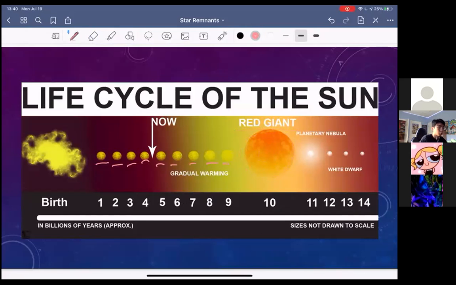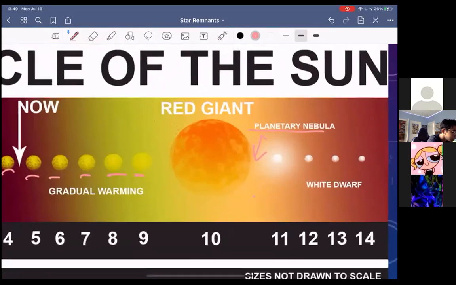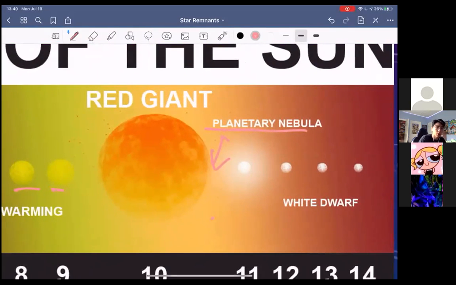And after the red giant runs out of fuel, once it stops burning helium and can't burn carbon, nitrogen, and anything heavier, then we have our nebula. So right here, the planetary nebula occurs about right here. And then the very core, that center core that we saw in all those other pictures in the previous slide, that's our white dwarf.